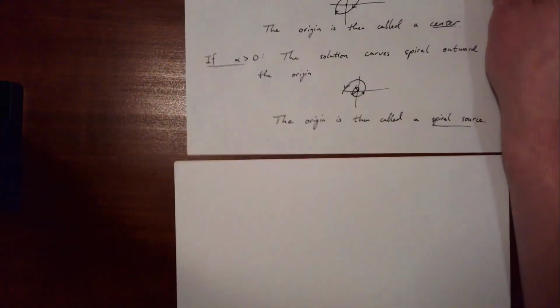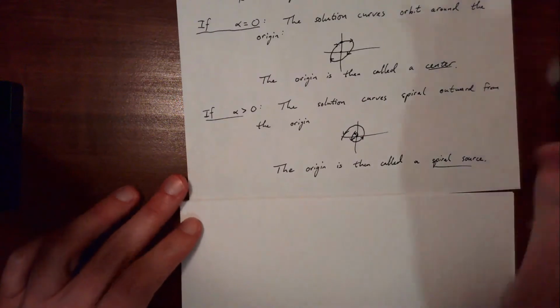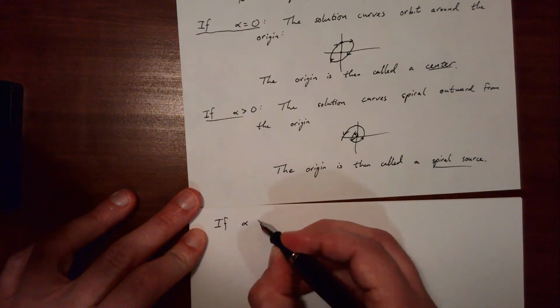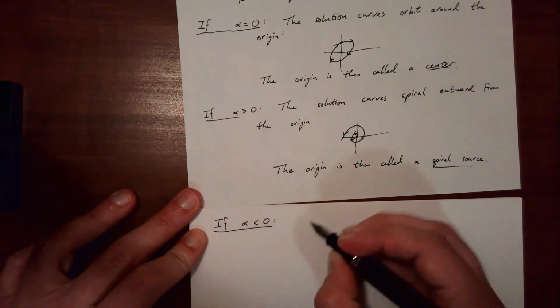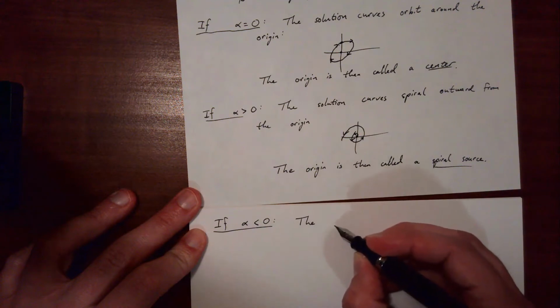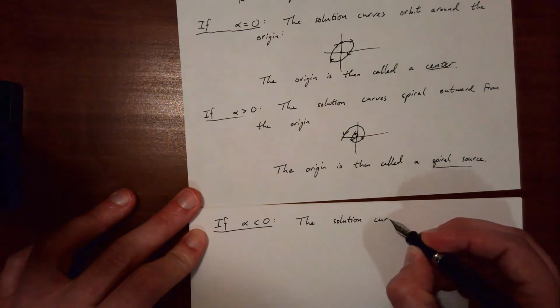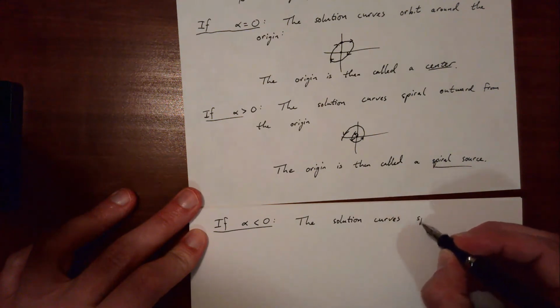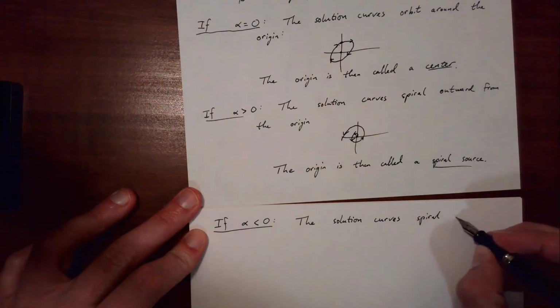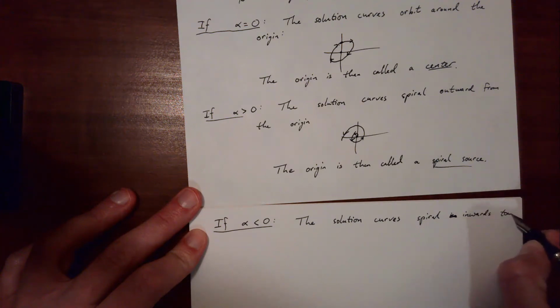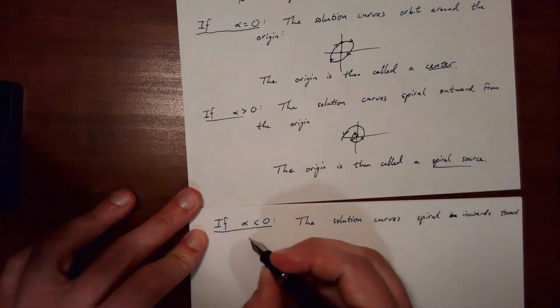And then I think you can probably imagine case number 3. If alpha is not equal to 0 and is not greater than 0, then that means alpha is less than 0. And you can probably even guess what's about to happen here: the solution curves spiral inwards toward the origin.